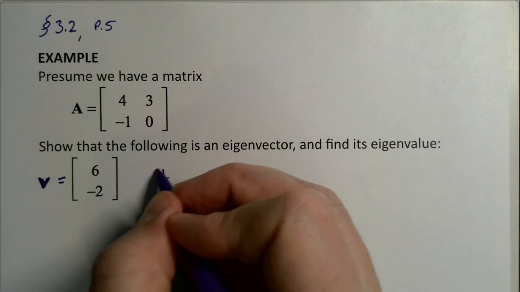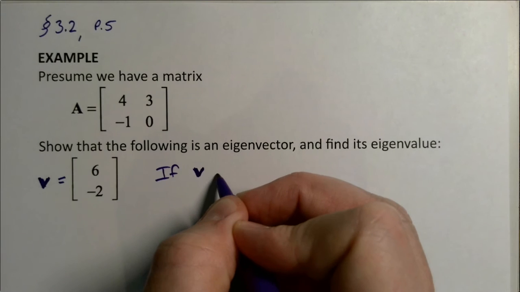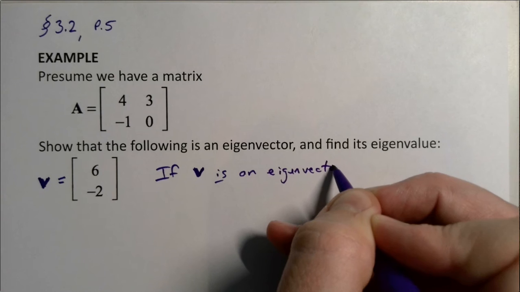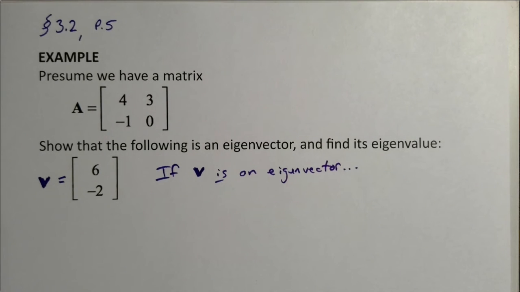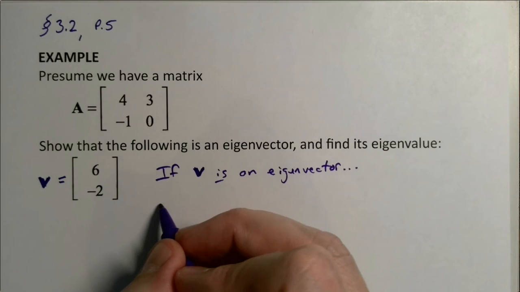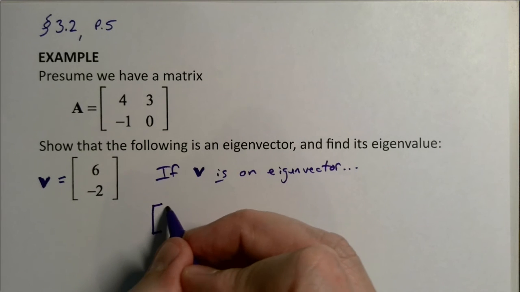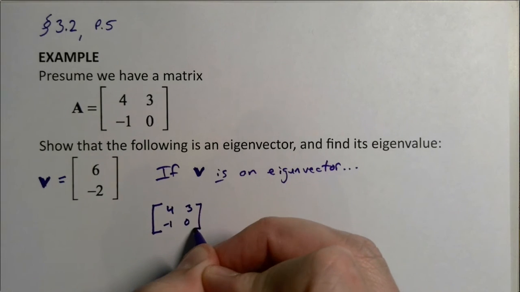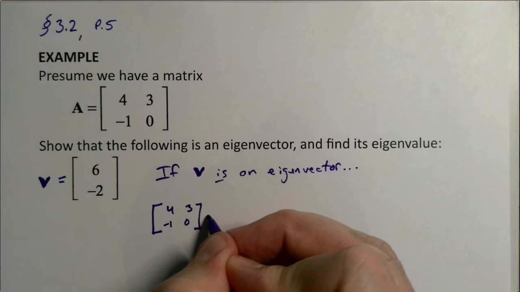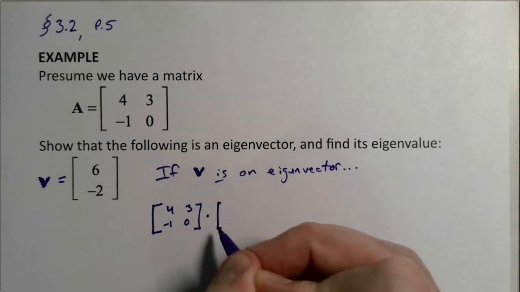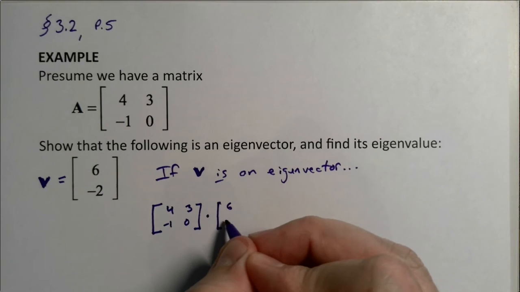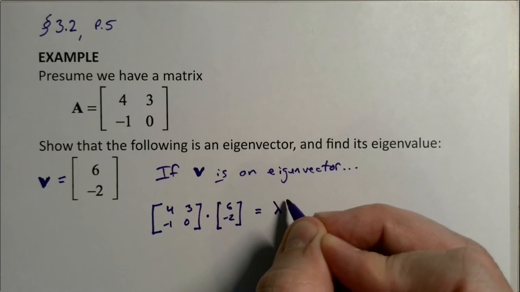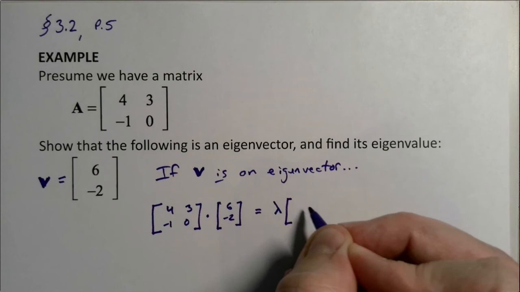So if that v is an eigenvector, then the following must be true. It must be true that A, which is 4, 3, -1, 0, times the supposed eigenvector, this one right here, 6, -2, has got to be equal to some lambda times that same 6, -2.